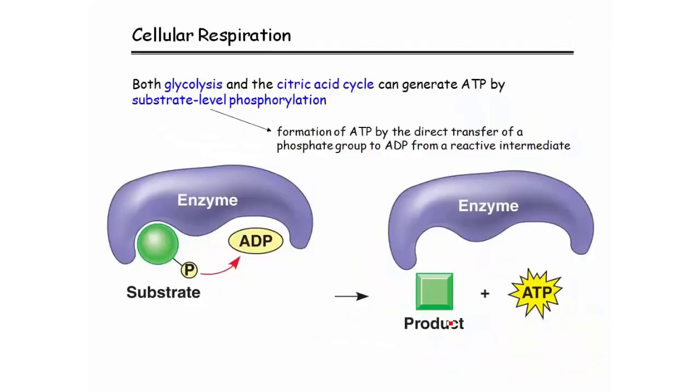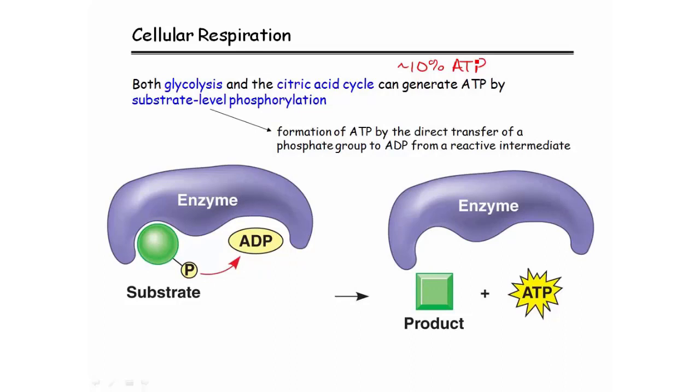We will in cellular respiration have two different methods of making the ATP. The first two stages, glycolysis and the citric acid cycle, together those are going to make about 10% of our ATP. That 10% of ATP is going to be made by the process of substrate level phosphorylation.